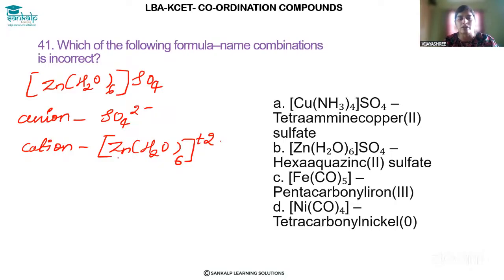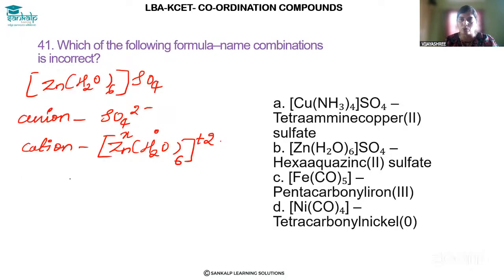Now we will calculate the oxidation state of the central metal atom, which is zinc. Let X be the oxidation state of zinc. H2O is a neutral ligand, so its oxidation state is 0. Oxidation state over the entire cation is +2.